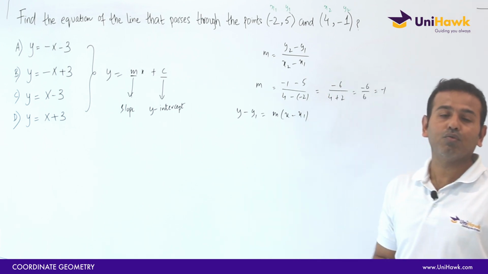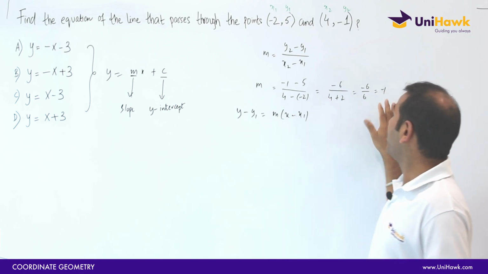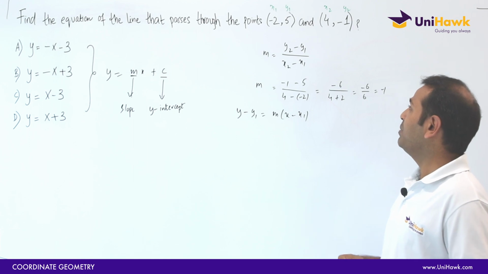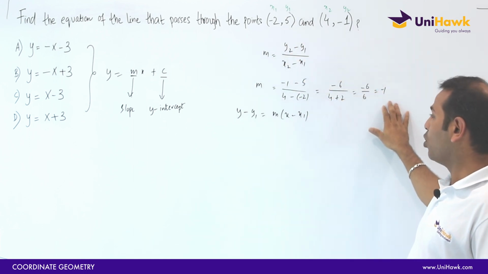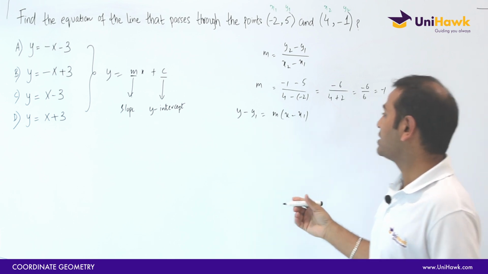This is the formula to find the equation of a line when we know the slope and one of the points, right? Now, let me substitute this point as x1, y1 and the slope in this equation and see which option is giving us the answer.